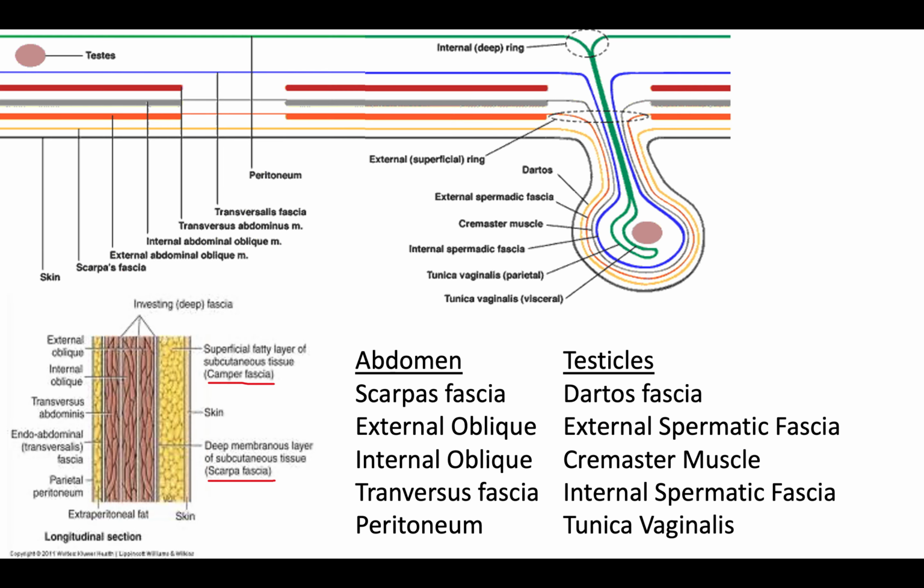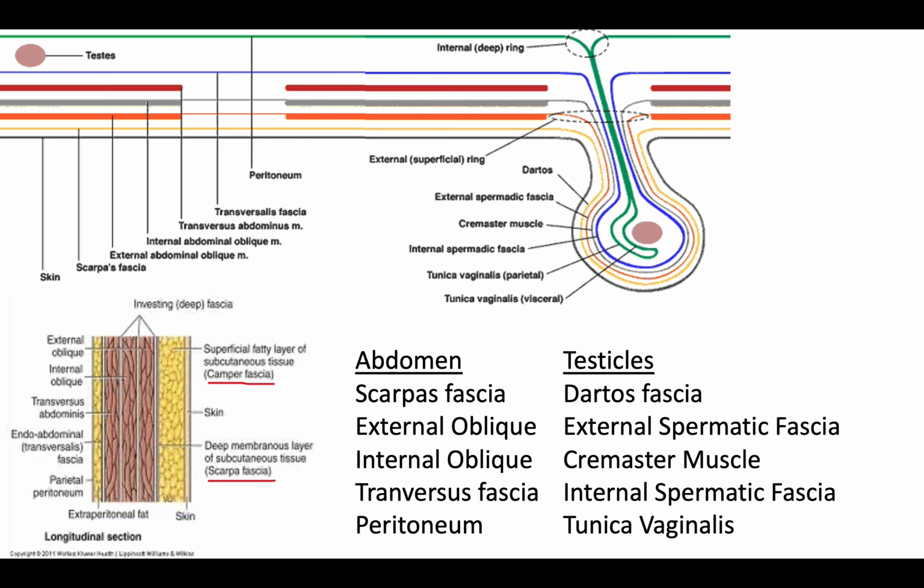All right, now this is a very difficult topic that gives people a hard time, because now we have the abdomen figured out with this figure and these muscles. So how do we get the layers when it comes to the male testes and what they're derived from?